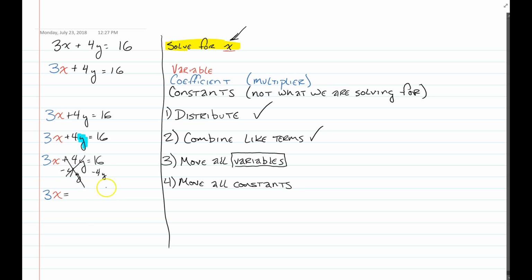Those terms cancel out, and I'm left with 16 minus 4y. Now, step 5, if you'll recall, is to divide by the coefficient.